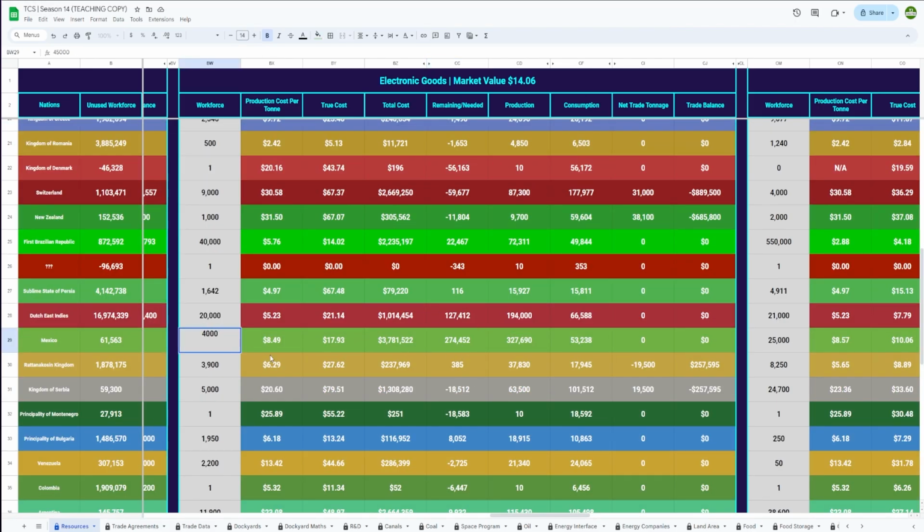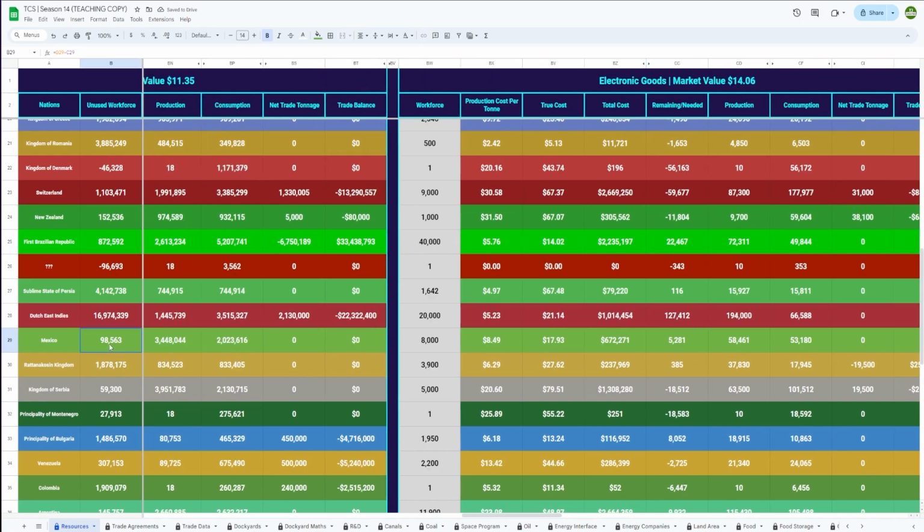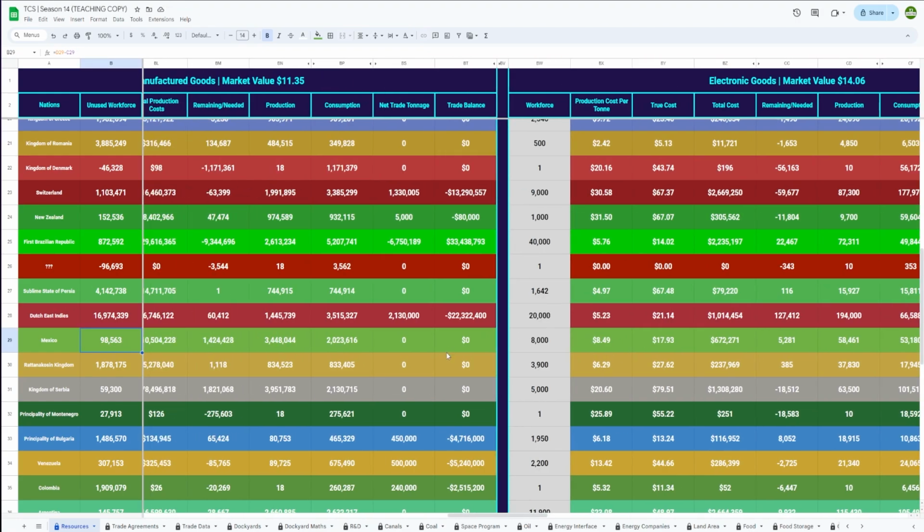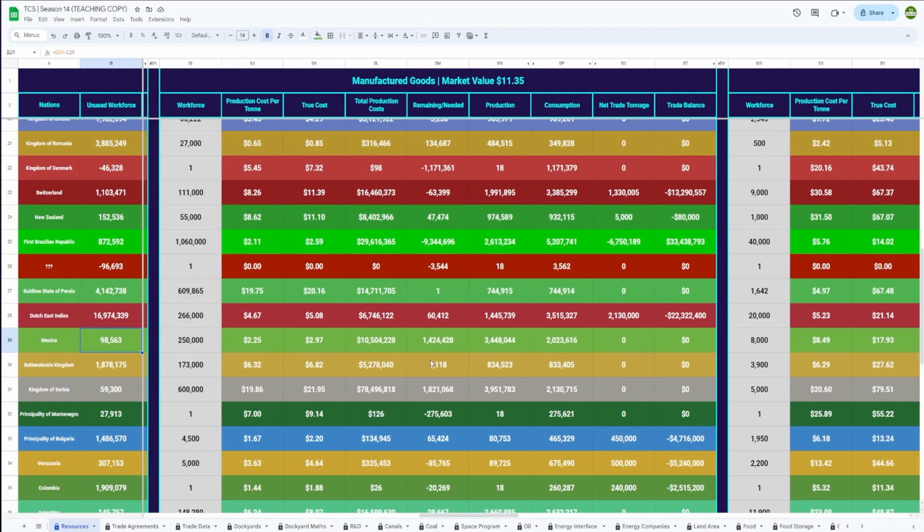In this case, I would probably just lower the amount of workers we have on it, since we've got a bit of a strain for how many workers we have. So that's too low. 6,000, 7,000, 8,000, and now we have a minor surplus, and it just freed up like several tens of thousands of men.